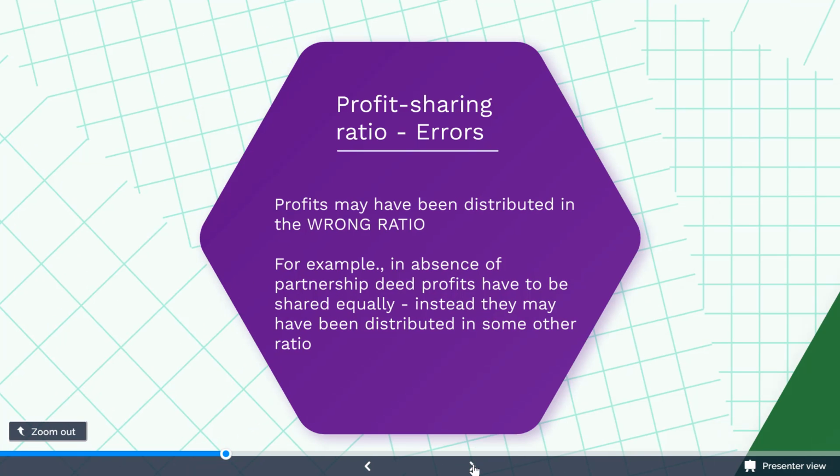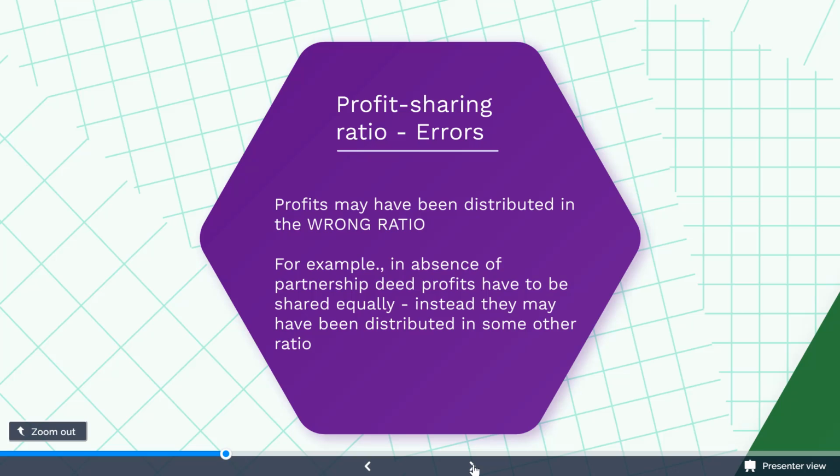What are the errors relating to profit sharing ratio? It's very simple that the profits may have been distributed in the wrong ratio. To give you an example, where there is absence of partnership deed, we've learnt that profits have to be shared equally.